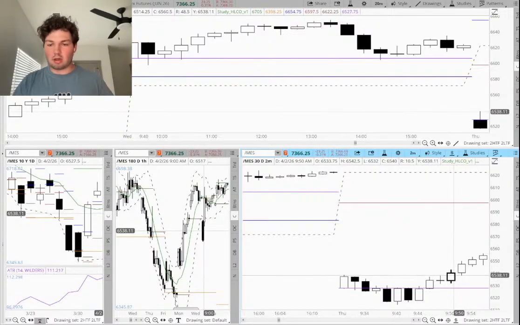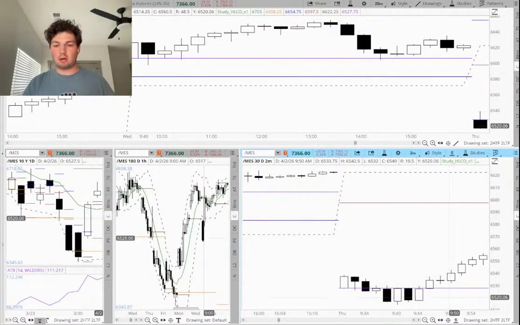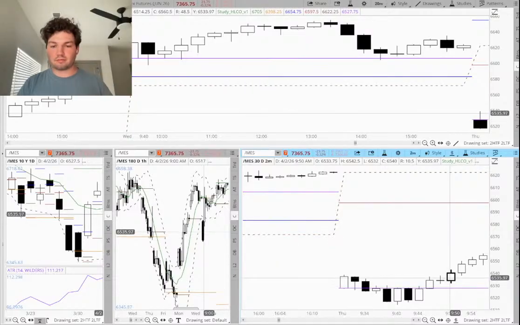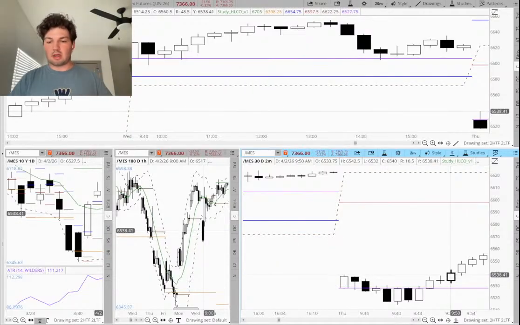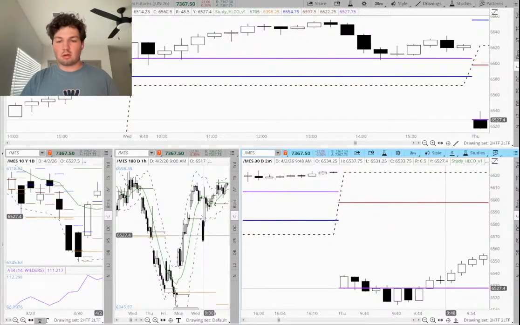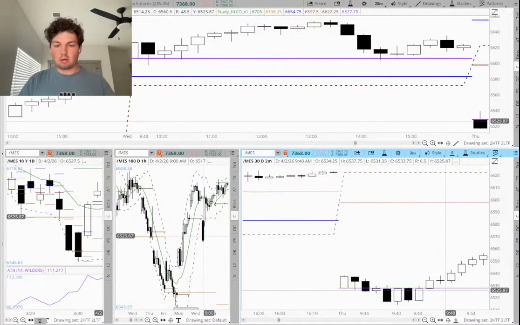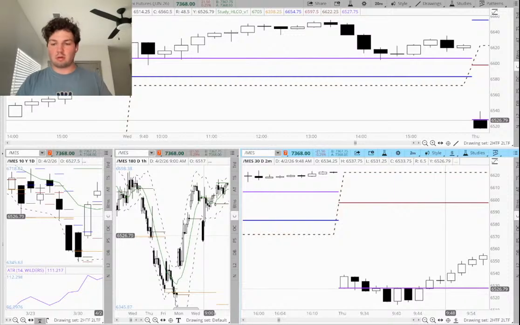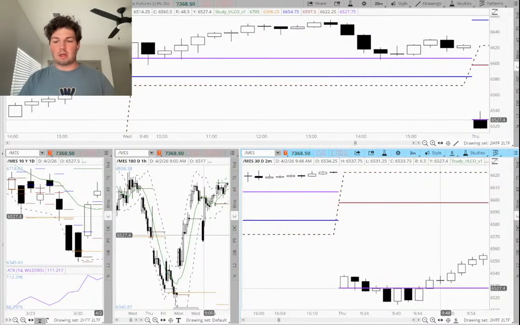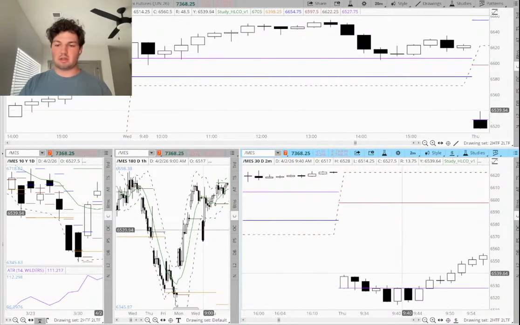Stop loss would go 38, down here, 27-ish. Say 38, 27. So it's an 11-point stop loss.